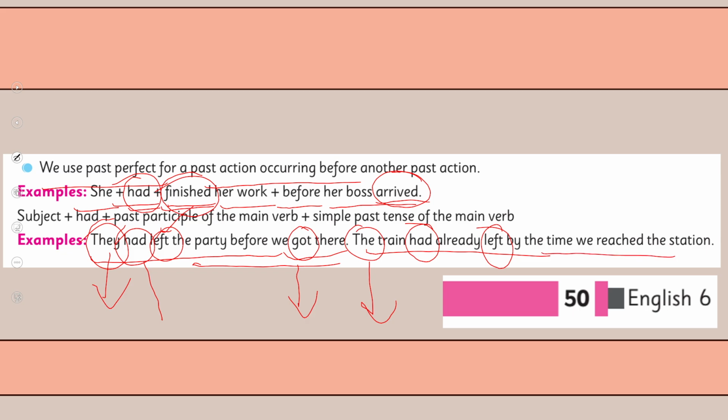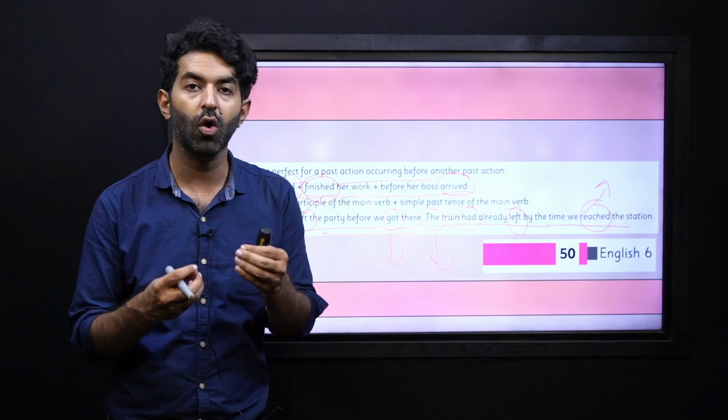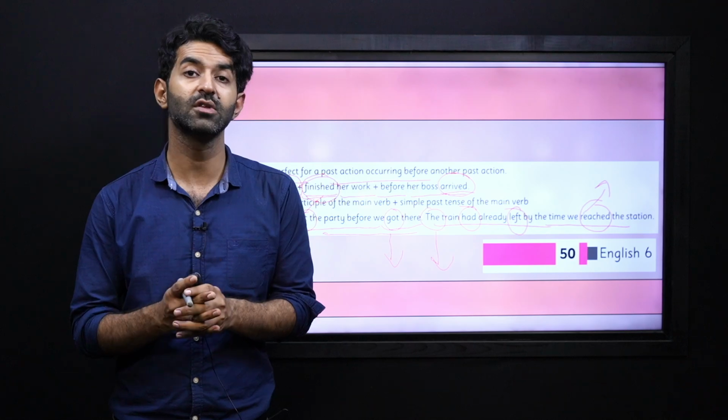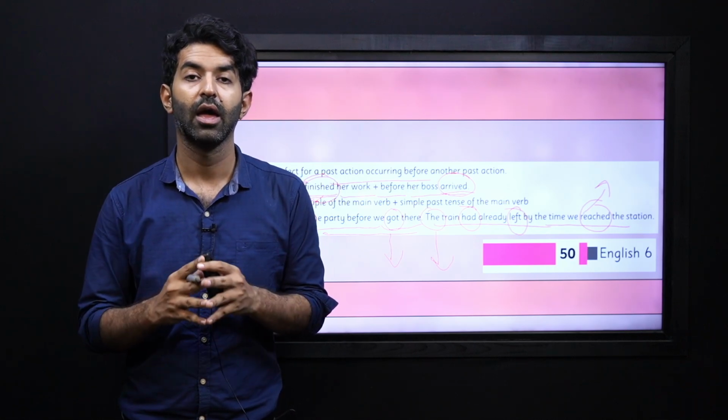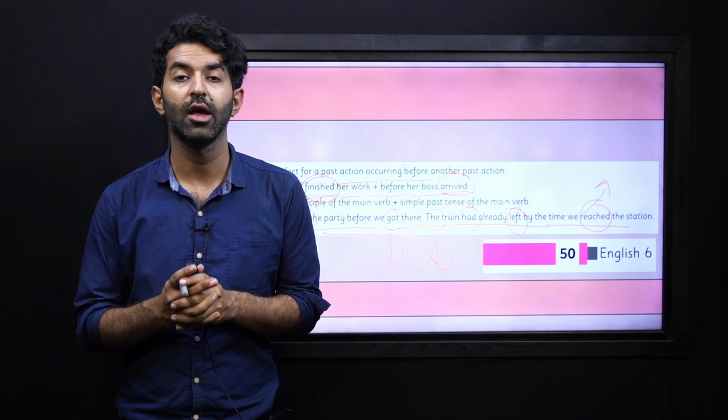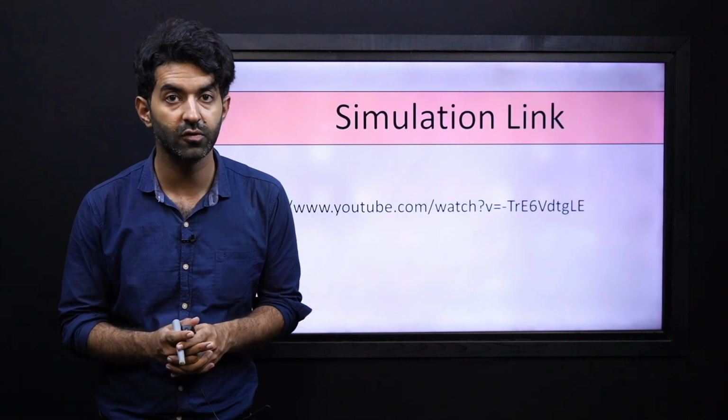Here you can see the past form of reach. So you can see the formula and the making of these sentences are very much the same. So keep this in mind, that had and the past participles of the main verb will be used in making your past perfect tense.